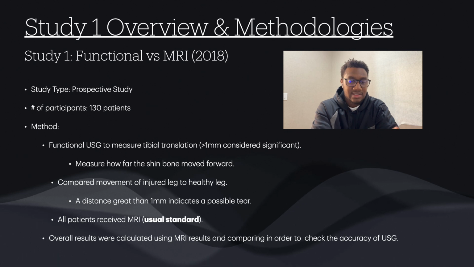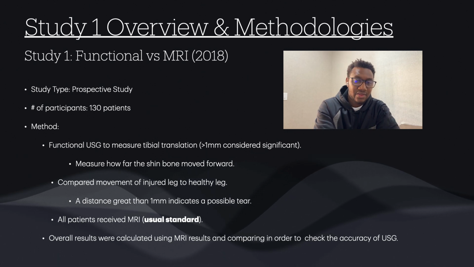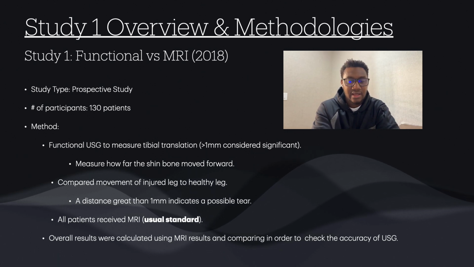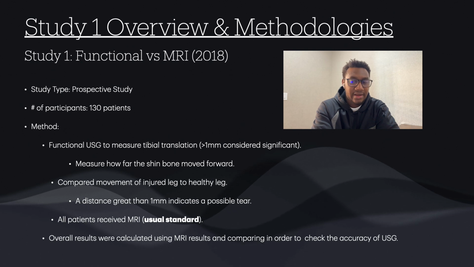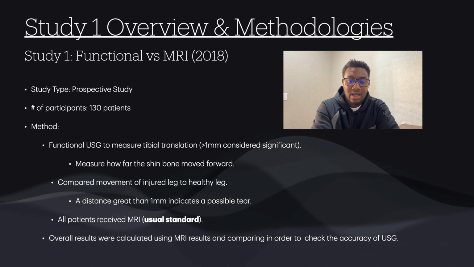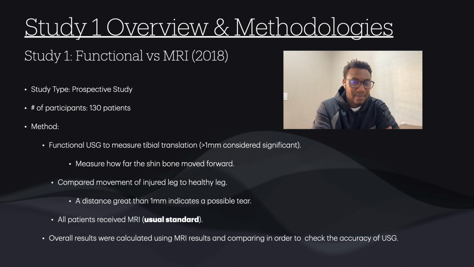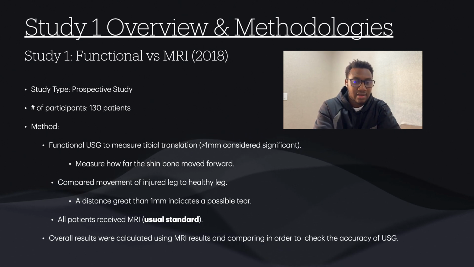They took these measurements and looked at the good leg versus the injured leg. When they did their calculations, if the measurement was greater than 1 millimeter, it was considered significant, meaning that the individual essentially had something going on with their ACL.